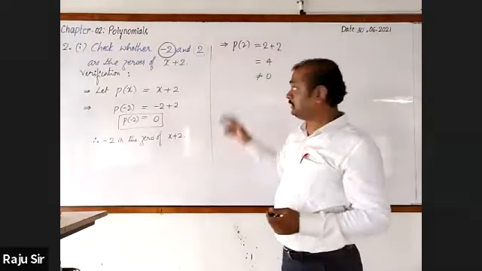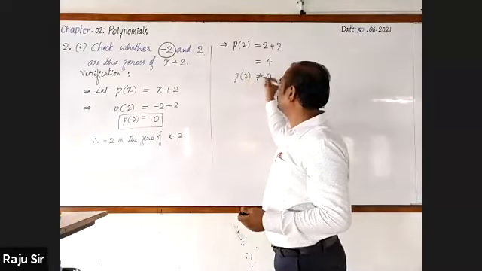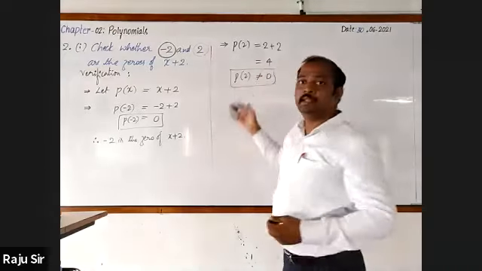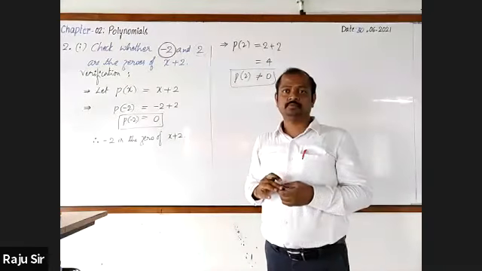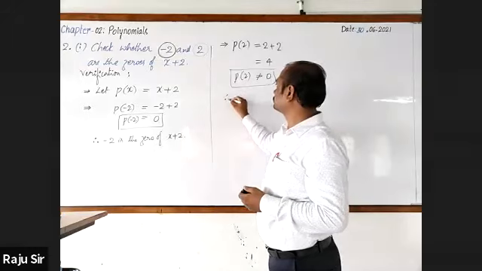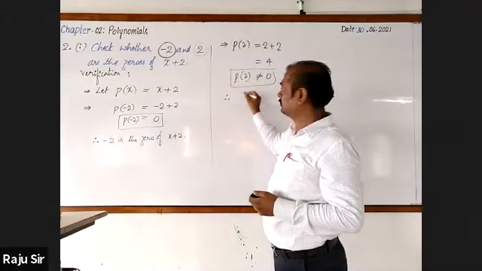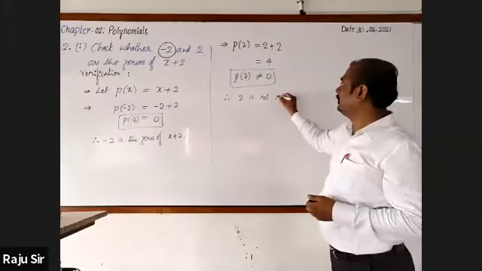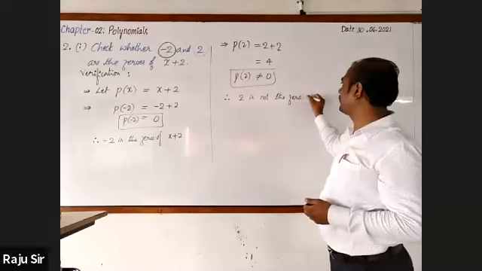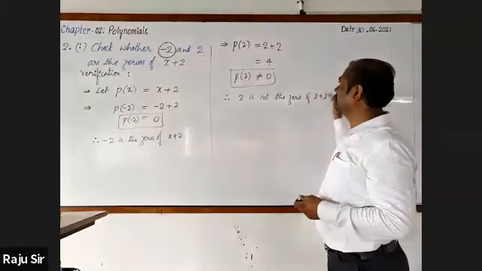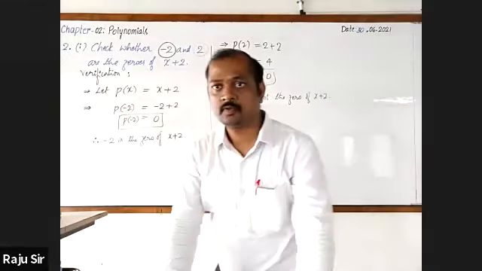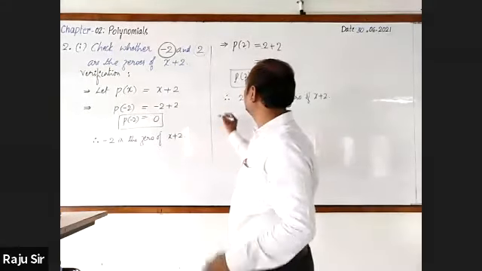So 4 is not equal to 0, which means that p of 2 is not equal to 0. If it does not equal 0, then what do you say about 2? 2 is not the zero of x plus 2.